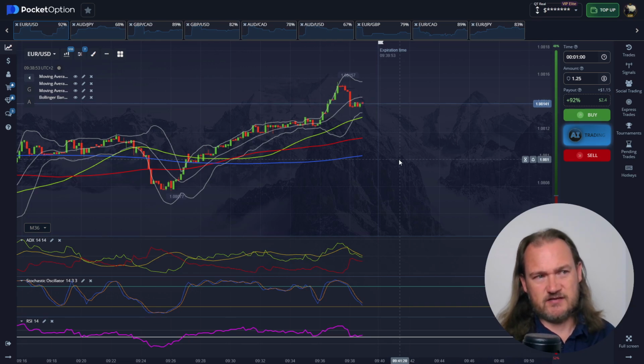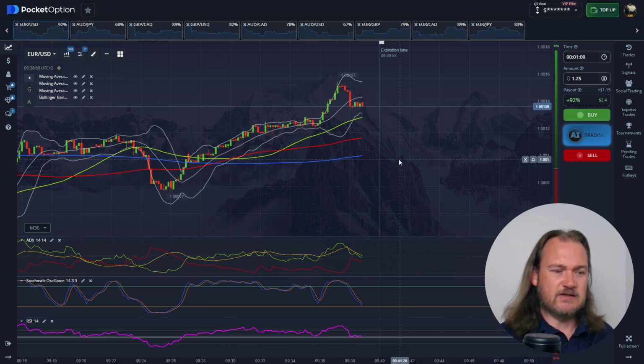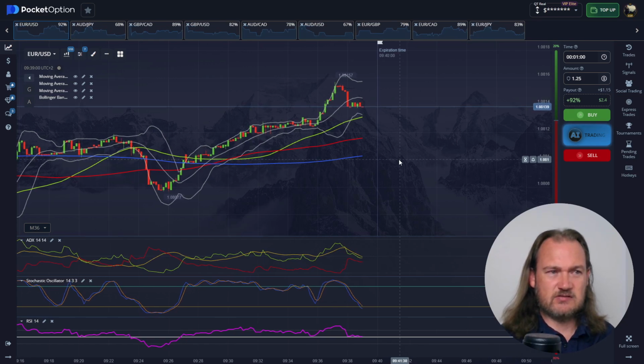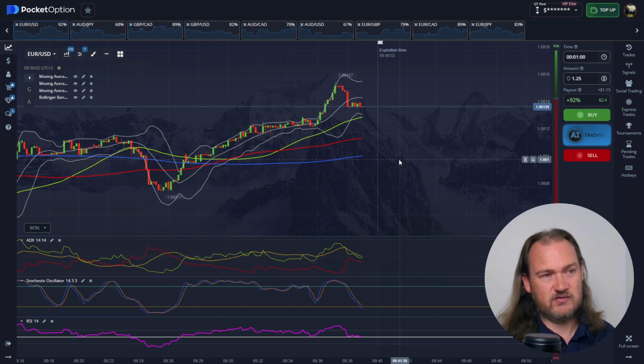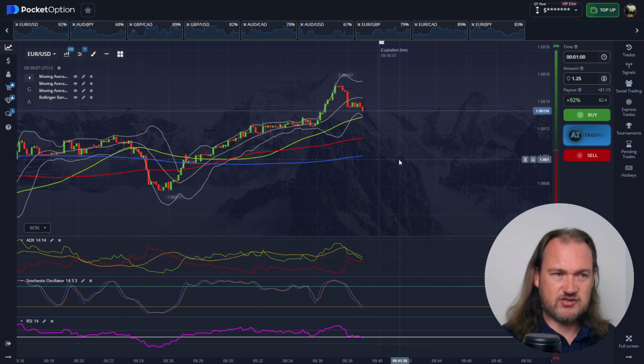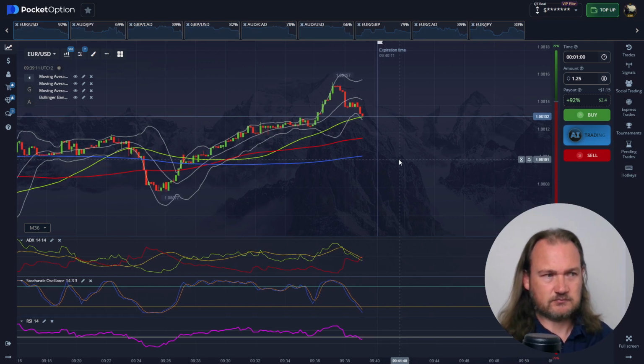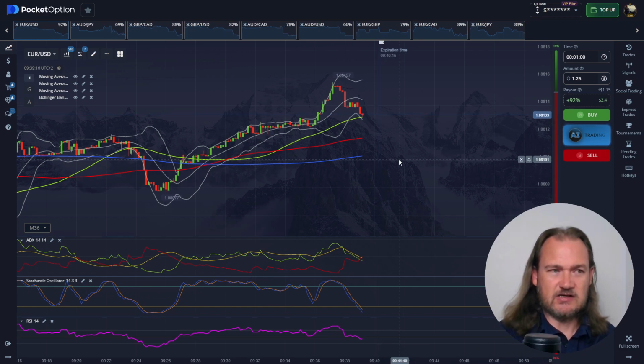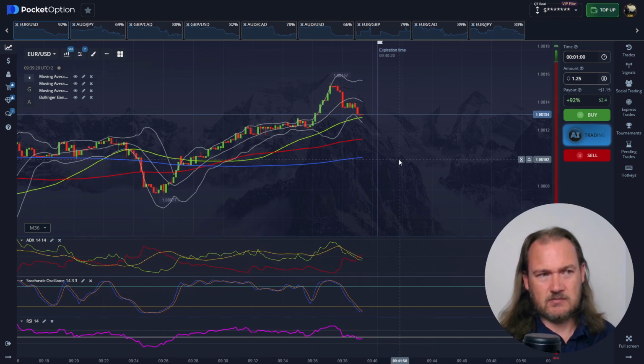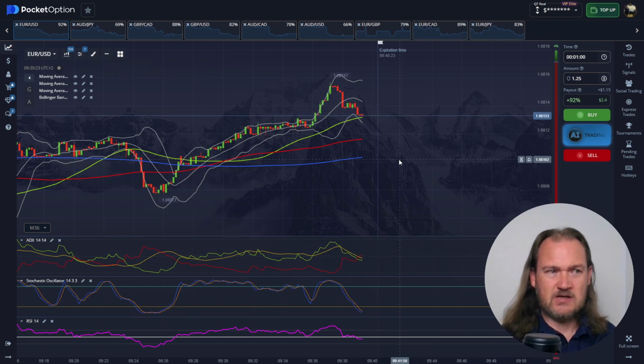Us retail traders have to use what we have, meaning that we have to develop and trade with strategies that are focused on accuracy instead of volume. If you're doing 1,000 trades a day, you can be profitable with a low win rate, but we can't do that mathematically, right?